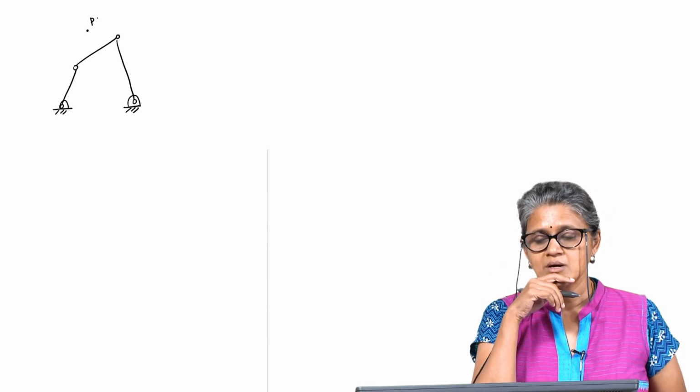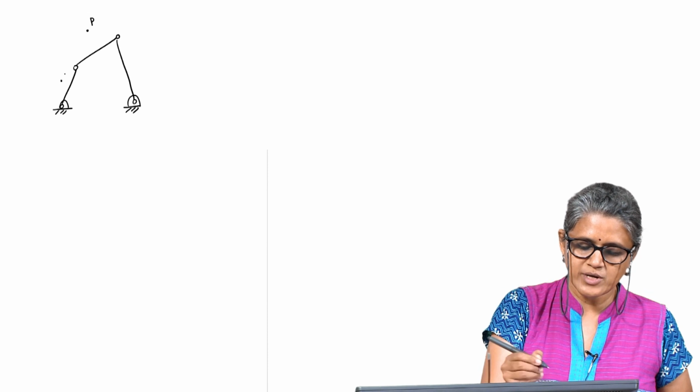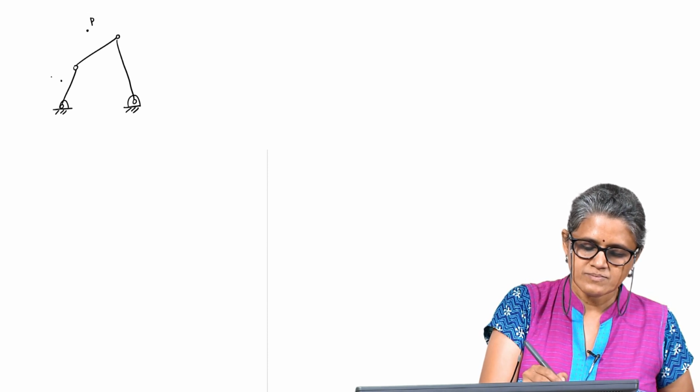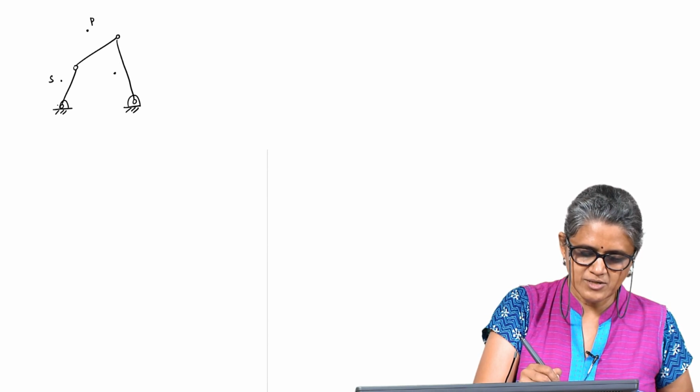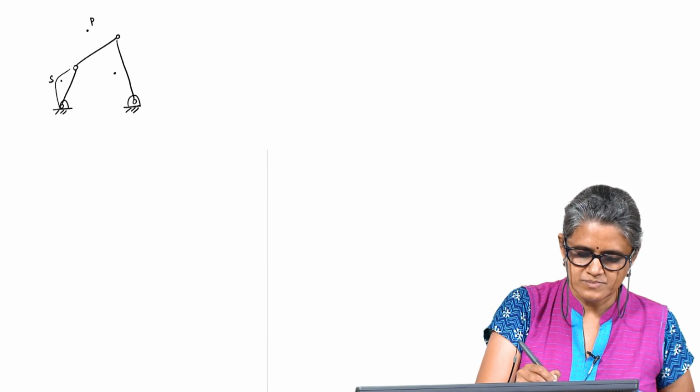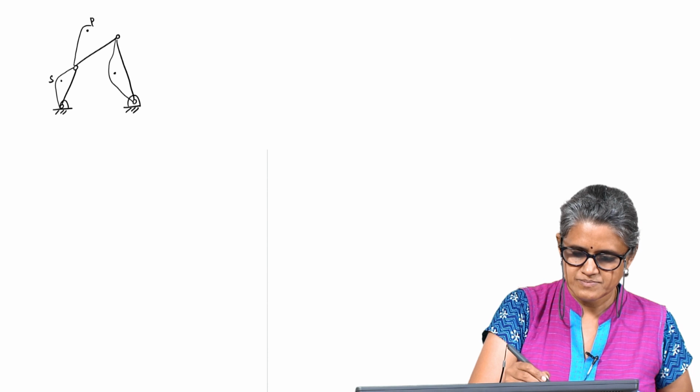If I am looking at a point on this, it could be part of this link, this could be part of this link. So, I may be interested in finding the positions of specific points on various parts of the mechanism.